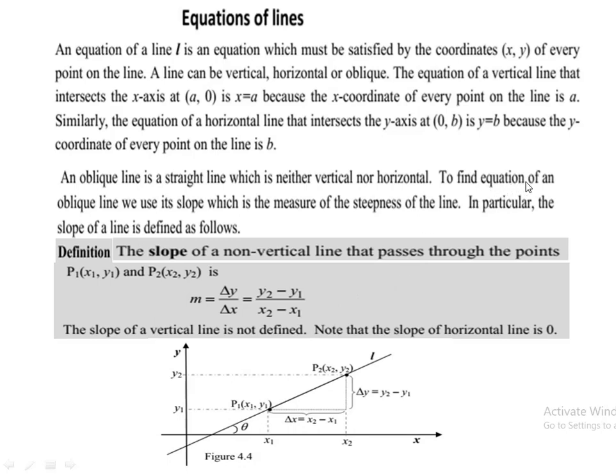Now to find the equation of an oblique line, we use its slope, which is the measure of steepness of the line. In particular, the slope of a line is defined as follows.